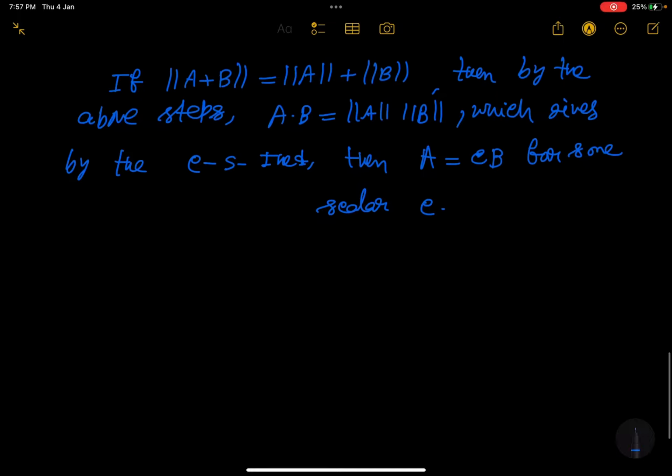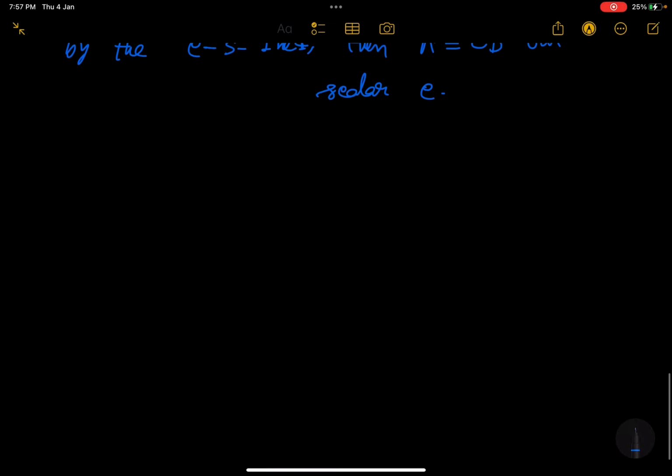So this is a very important inequality, and geometrically it says the following.